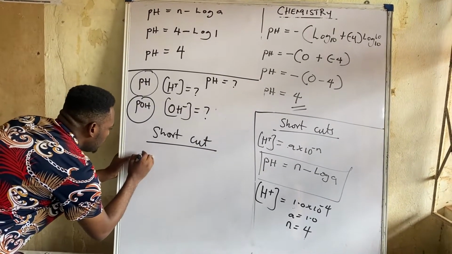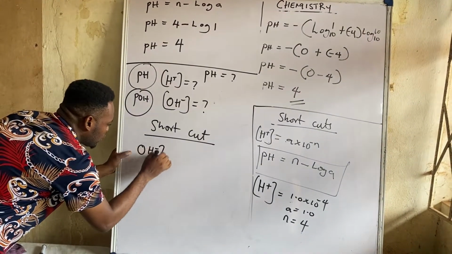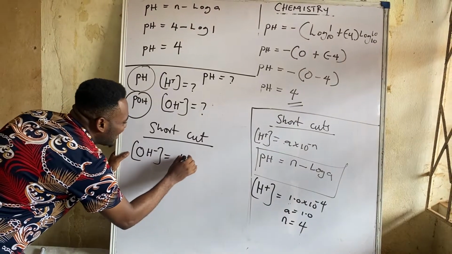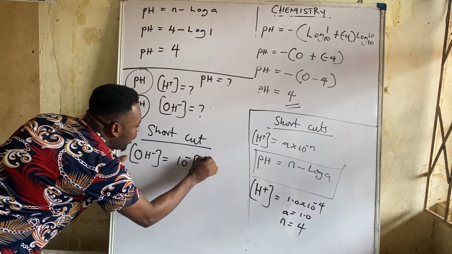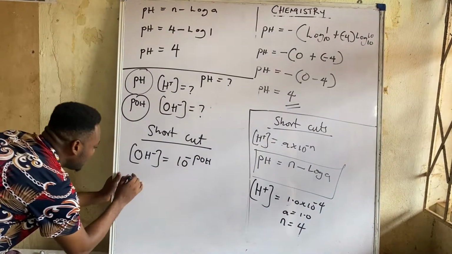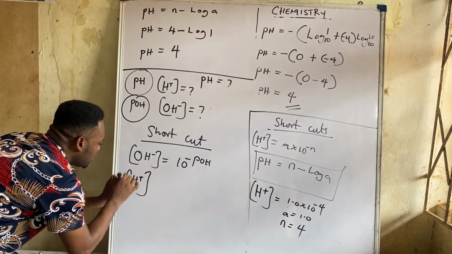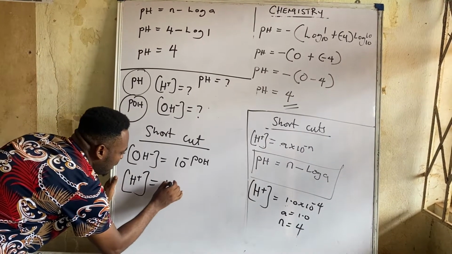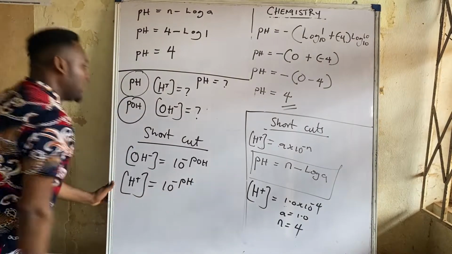Now, OH minus concentration is gotten by 10 raised to the power minus pOH. On the other hand, H plus concentration is always gotten by 10 raised to the power minus pH.